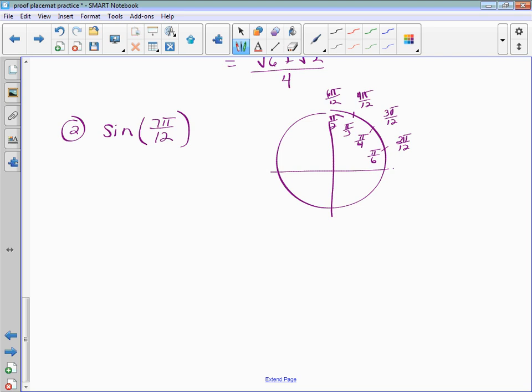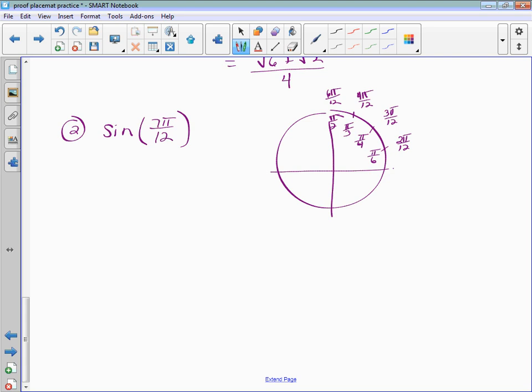You're trying to get to 7 pi over 12. You don't have to count. You have enough already that you could add 2 together to get that. I would not do 6 pi over 12 plus 1 pi over 12, because pi over 12 is 15 degrees, and you don't know anything about 15 degrees.